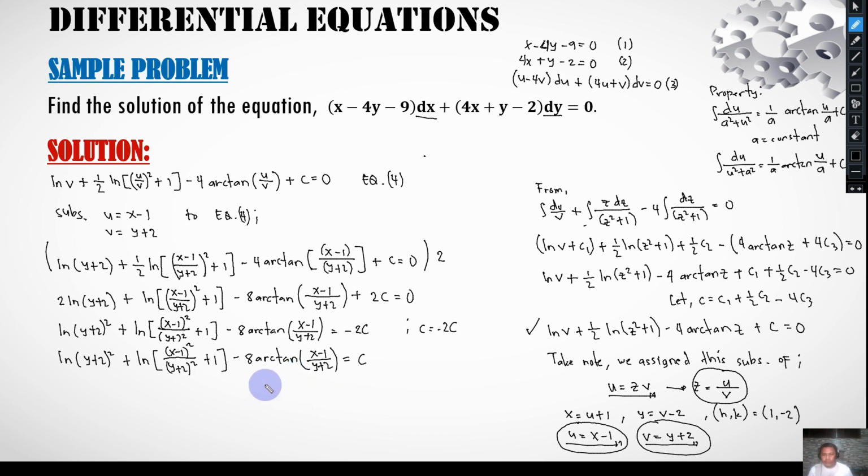I think as student, we have some property no, sa ating natural logarithm. No? Meron tayong property actually. So, we'll just have to erase this one first.